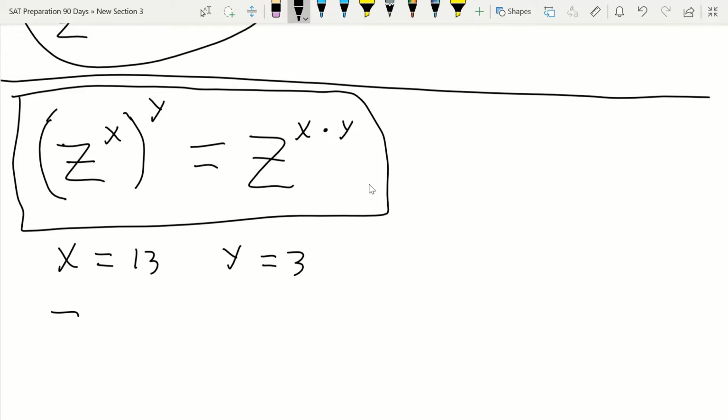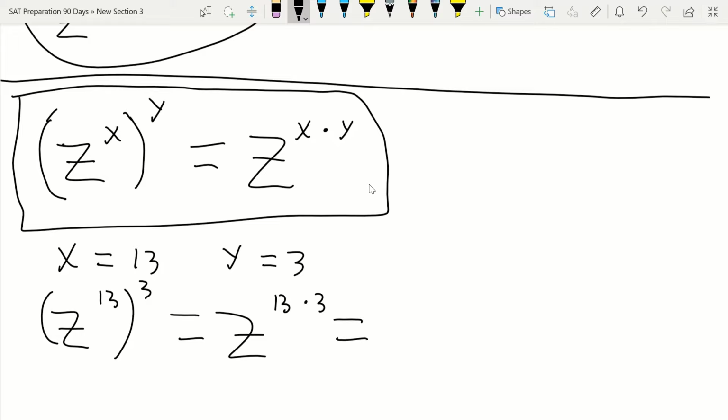So now we are going to take z. We see that we have it raised to the 13th power, and we are going to raise that then to the 3rd power. So we can rewrite that as z to the 13th times 3. 13 times 3 is going to give us 39. So we will have z raised to the 39th power is how that would simplify out.